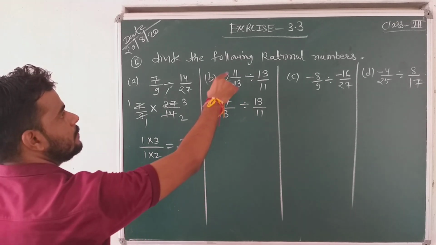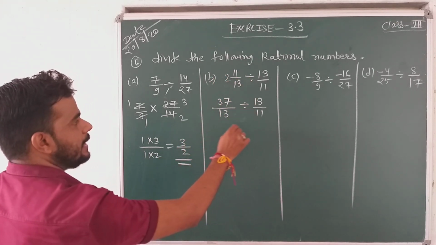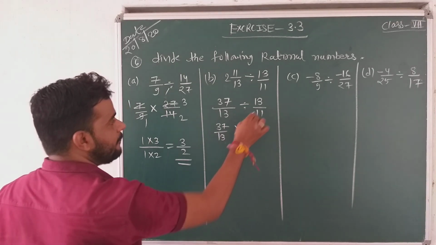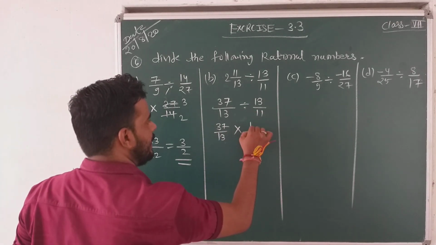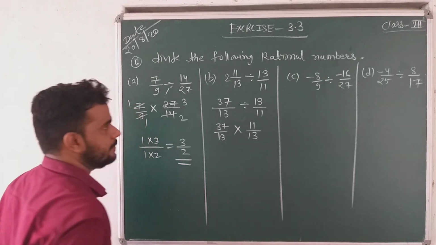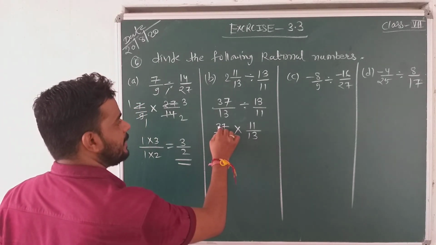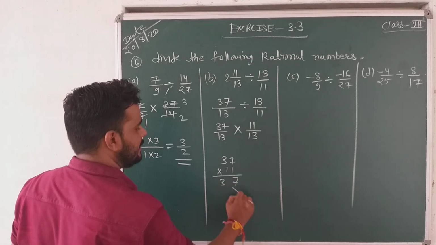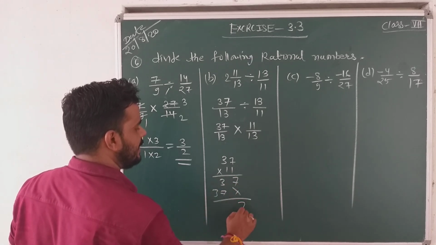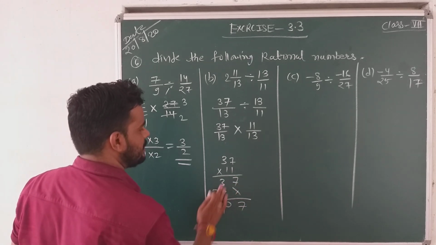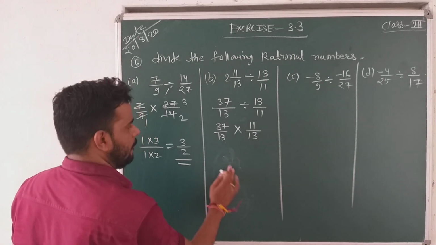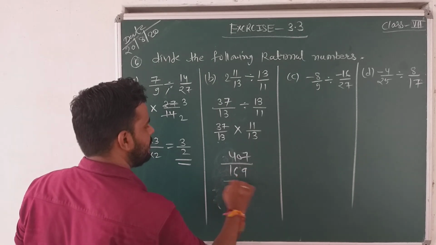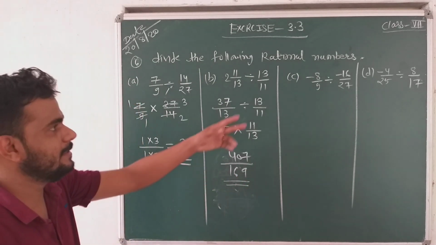When division is changed to multiplication, the reciprocal is 11 by 13. So now 37 multiply 11: 7 3 is 21, 7 1 is 7, 3 10 is 407. So we can write 407, and 13 multiply 13 is 169. This is your answer.